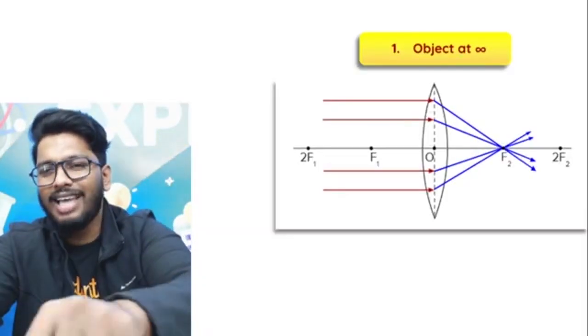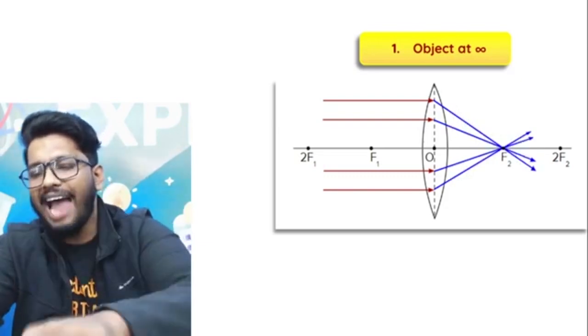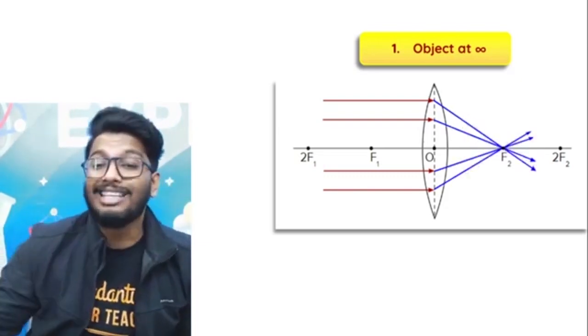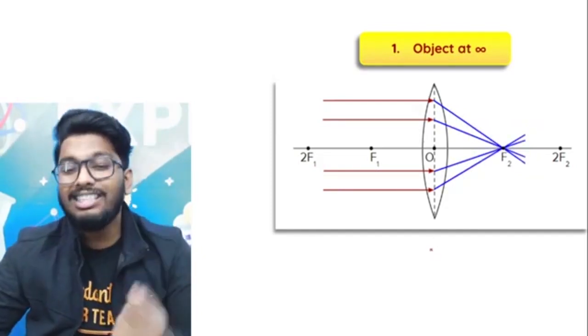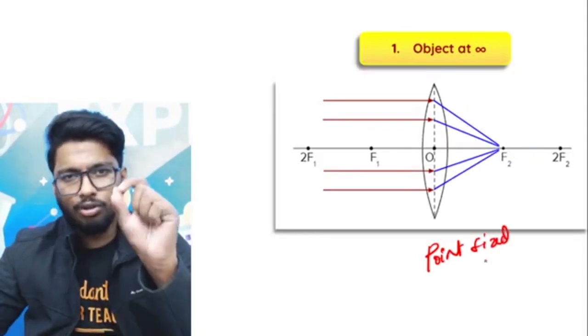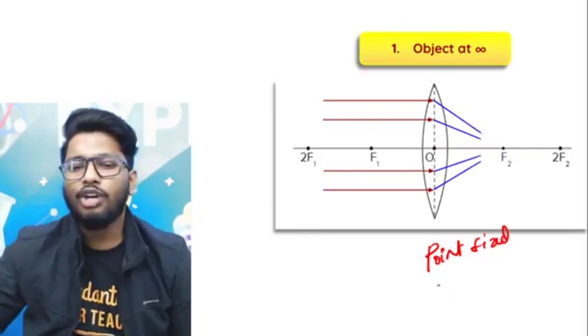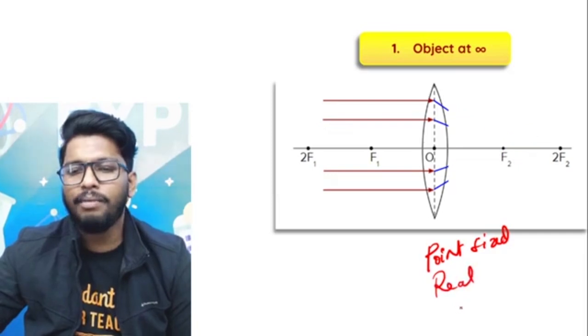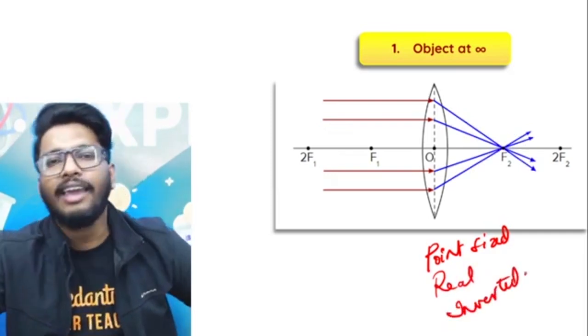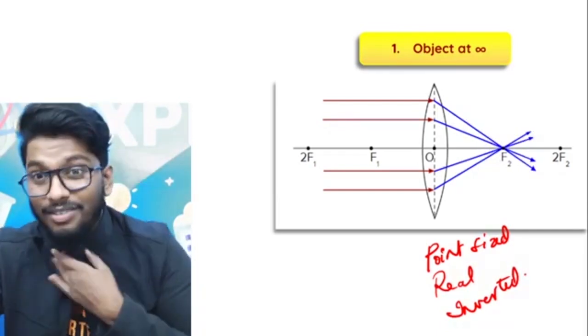It will pass through the focus, and hence the image is going to be formed at the focus. The image is going to be a point-sized image. It's going to be small, diminished, real, and inverted as well, because real images are always inverted. That is the answer for the first one.